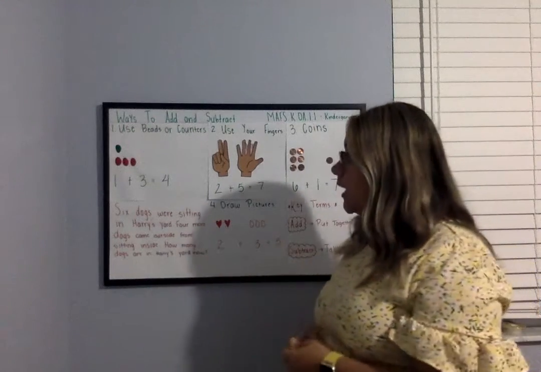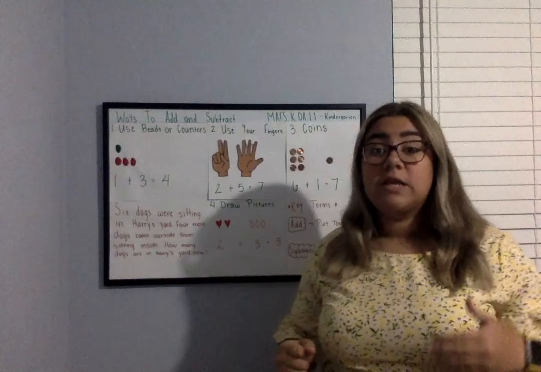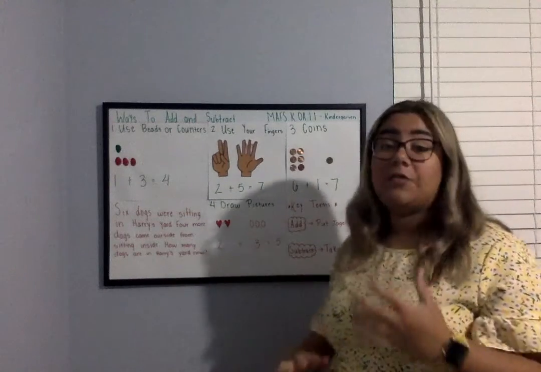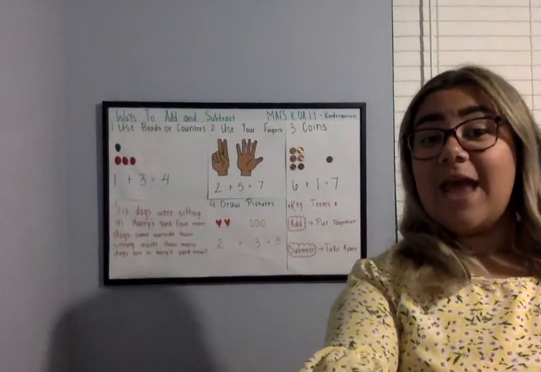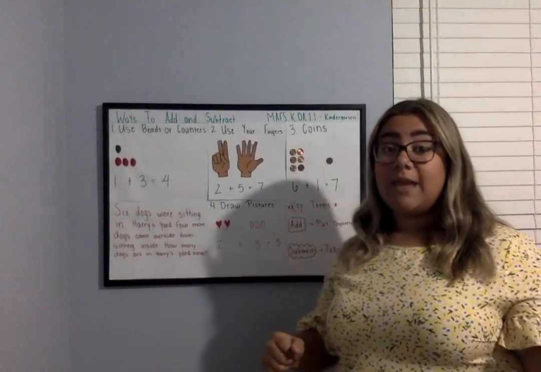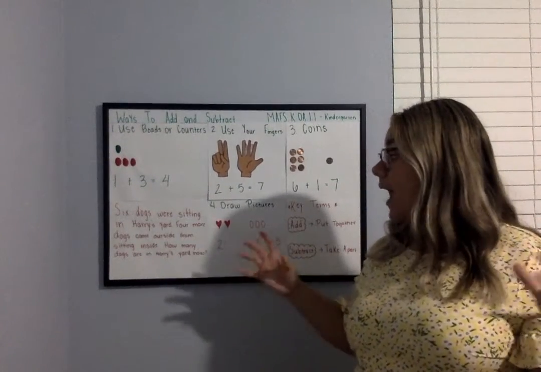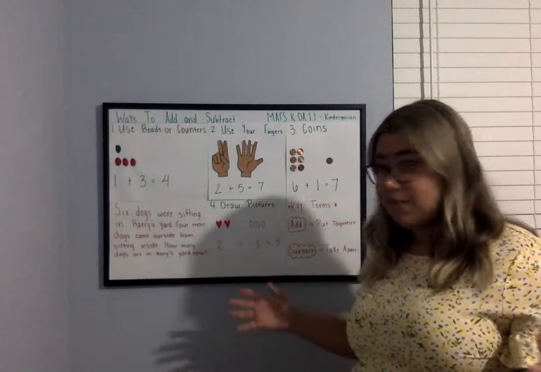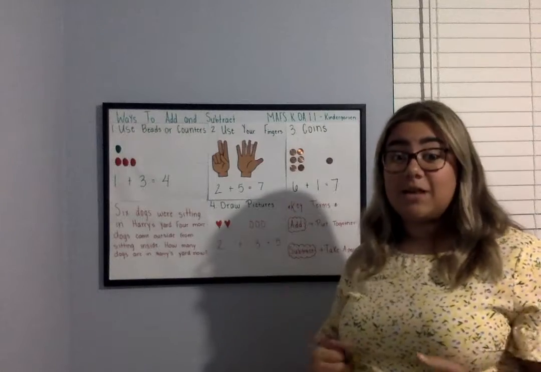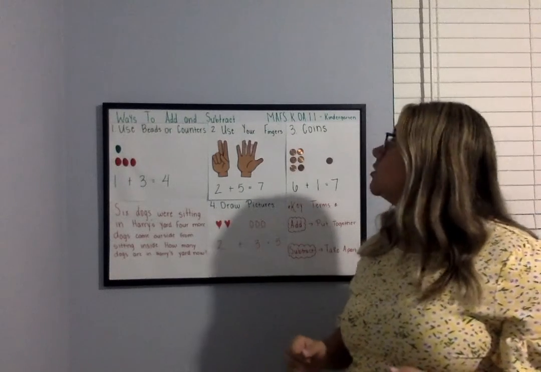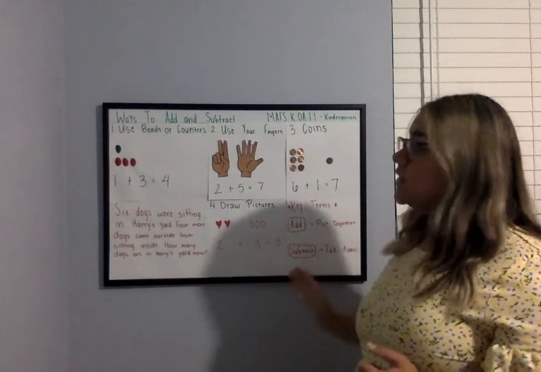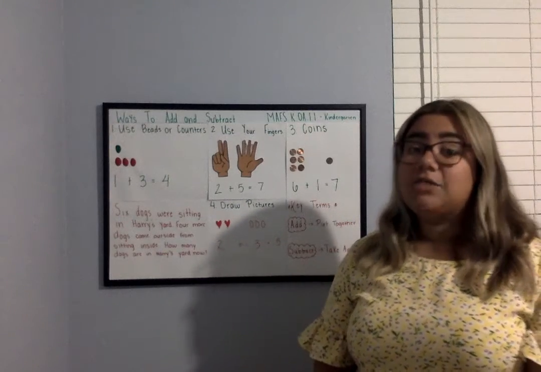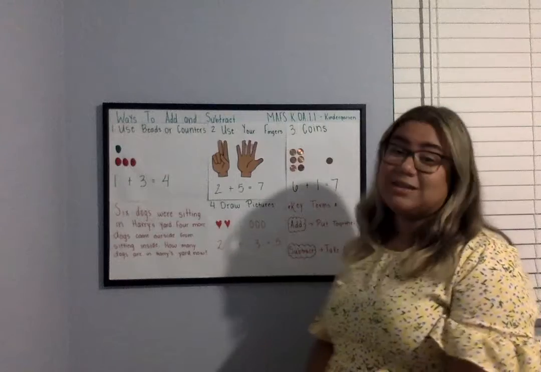And as you're reading, you can have the students come up and really just act out this whole problem, and you can have students be able to act out how many dogs there are in total, and you can have the rest of the class count how many dogs there are. So for this, you can use any of these methods, and you really just want students to know that they can use any objects to represent addition and subtraction.